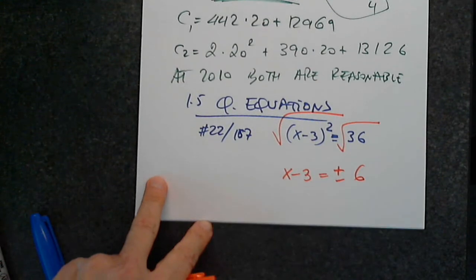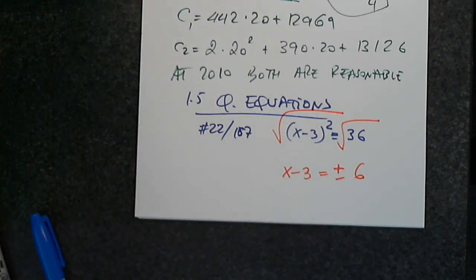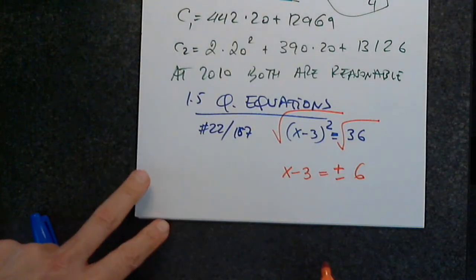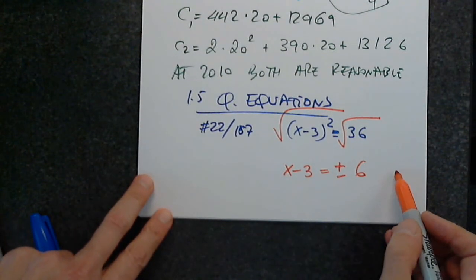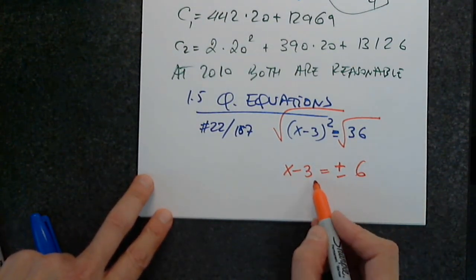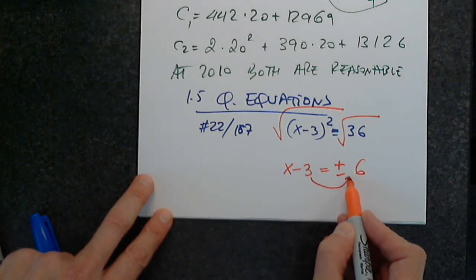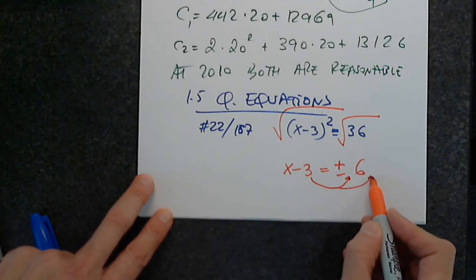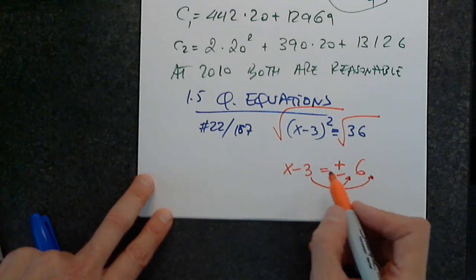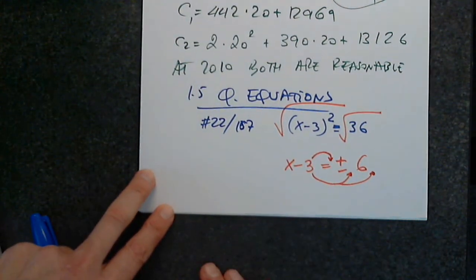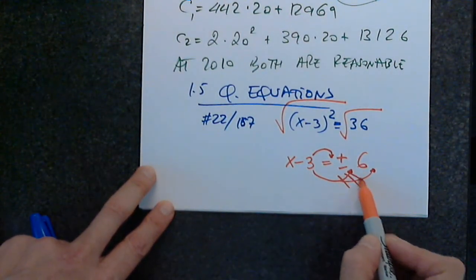And how much is the square root of 36? 6. Is this done? No, because I have to solve for x. What will be my next step then? Yes, add 3, but I will not add it to the right side of the 6, that will be wrong. I would like to put it right in front of the plus or minus.